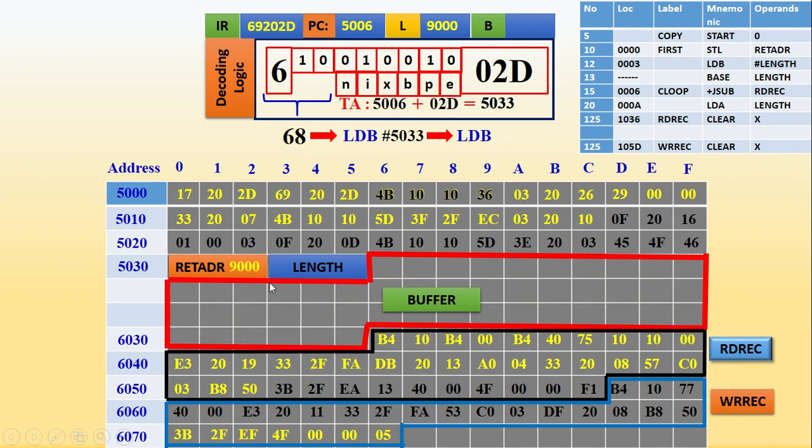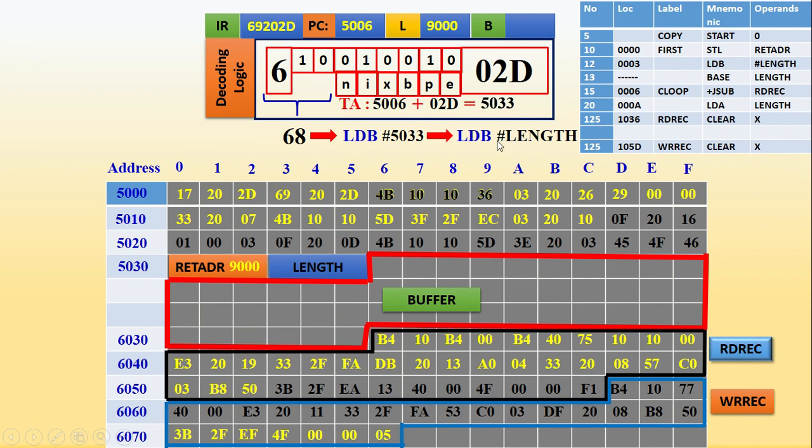What is 5033? Address of what? Length, or the location value for what? Length. So I write LDB length. Hash I write as it is. 5033 is the value for which variable? Length. So LDB #LENGTH is the next instruction to be executed.